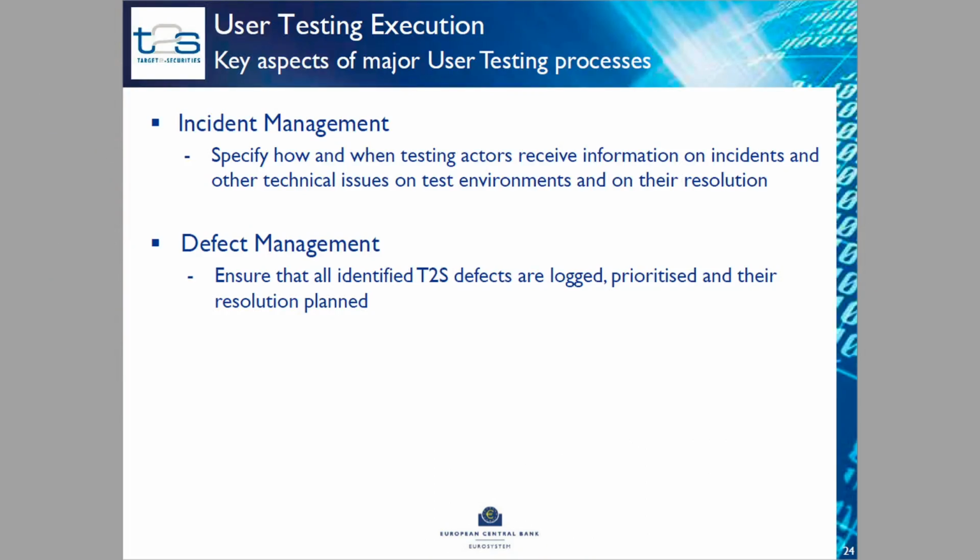Two more processes that we have. The major ones are incident management and defect management. In terms of incident management, of course, here we have to specify how and when actors receive information about incidents, and also on their resolution.